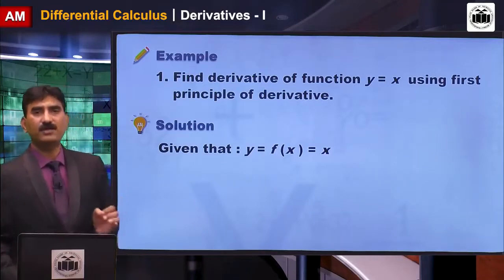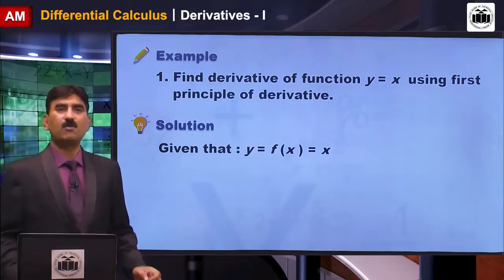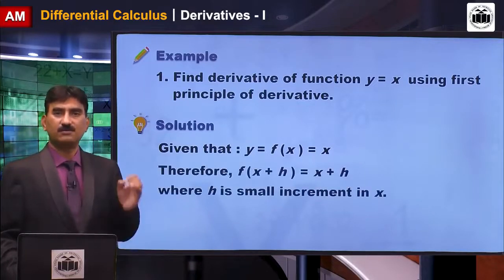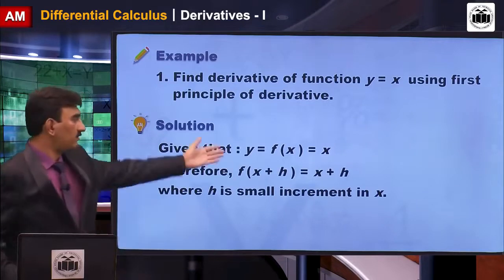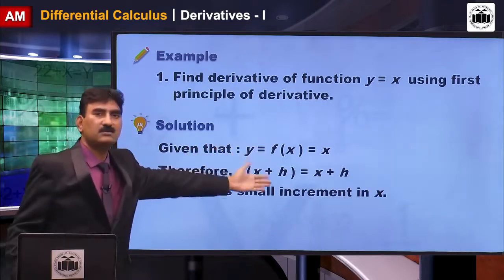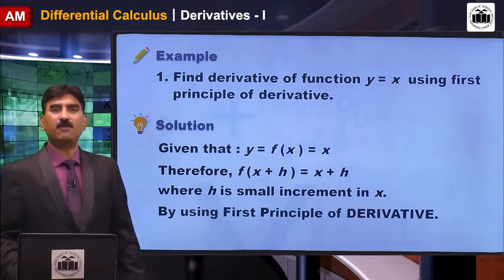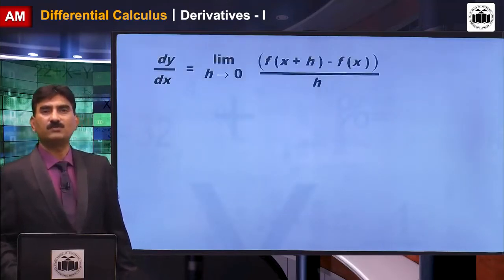Now for application of first principle of derivatives, we have to take small increment h in x. So how we take? We take f(x plus h) is equal to x plus h. So here the small increment h in x. Now we put down the values f(x plus h) and f(x) in the first principle of derivatives.